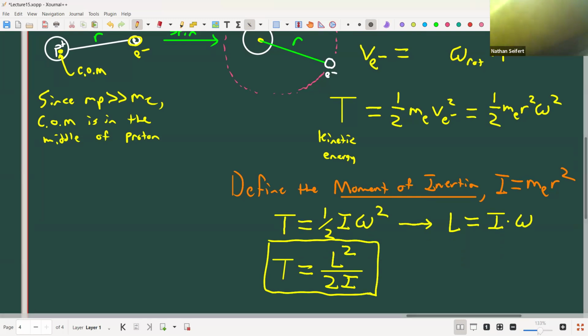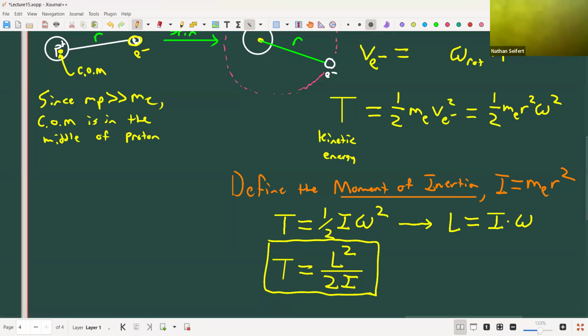So the kinetic energy of this electron is proportional to the magnitude of the angular momentum squared. It has nothing to do with the direction, just how fast you're spinning it, divided by how much mass you're swinging through space.